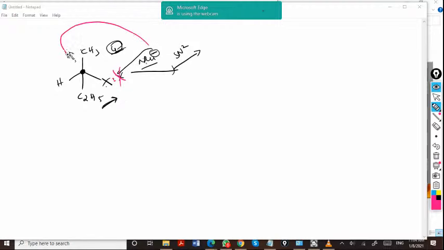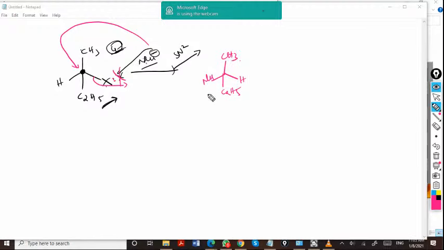So it is going to attack from the reverse or anti side, and the halogen should leave. So it should result in inversion. This chiral center changes its configuration into the reverse. The result will be the nucleophile here, C2H5 here and CH3 here.